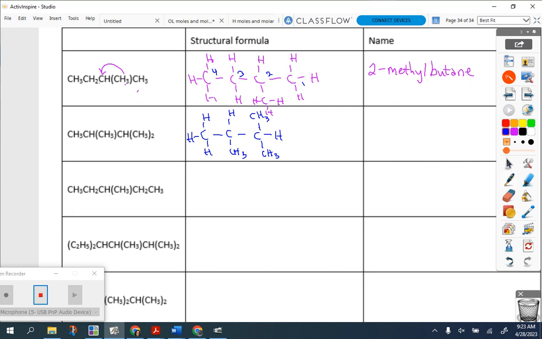Yeah, right, exactly. That's what I mean. So rather than having this hydrogen here, it would be CH3. This is a weird way of writing this formula.